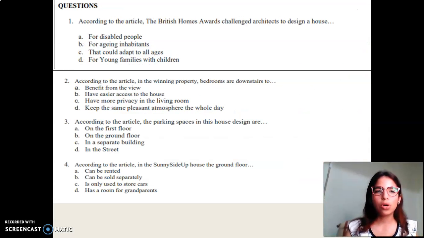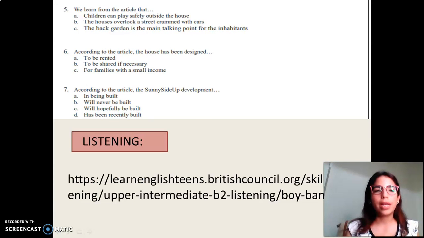Here we also have images and some questions regarding the text. And finally we have a listening that the student can do, and we can also evaluate their listening skill. This is an upper intermediate B2 listening, but I chose this one because it's talking about boy bands, and it's a topic that can be interesting to the students.